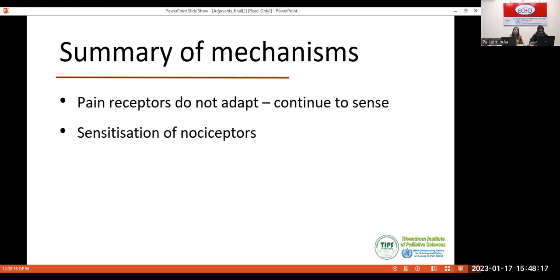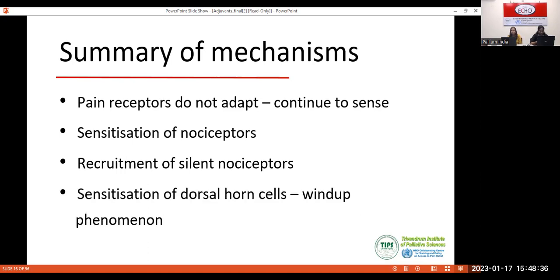And there is sensitization of nociceptors, and the pain area will increase. I'm sure this was mentioned in the last class. If you don't treat the pain, the area will increase. It will start with a small back pain. Later on, it will become the whole back, and then it starts radiating to the whole body.